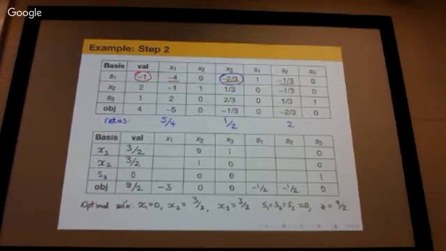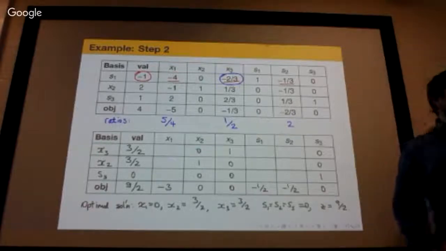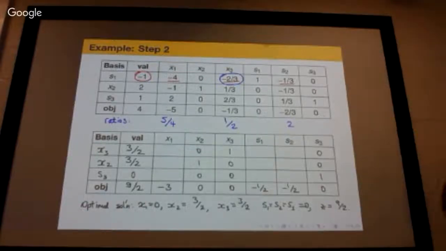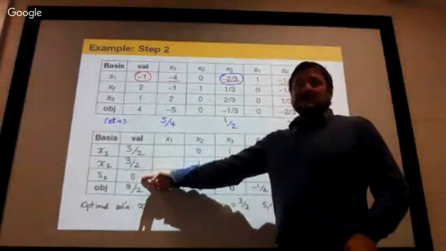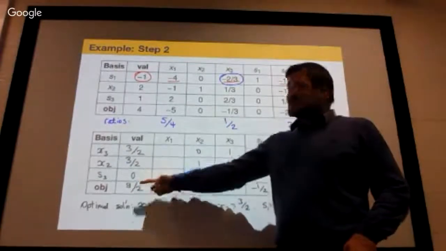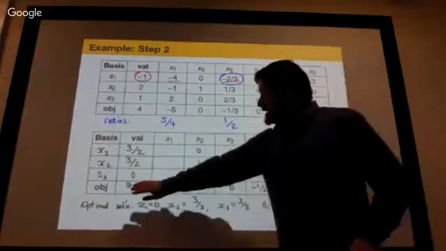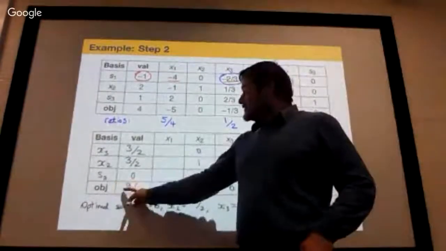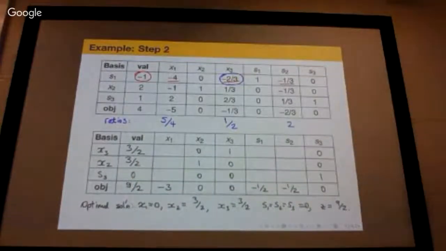Okay, so a few remarks. The first remark is, as a reminder of how we know that the tableau is the one we're looking for, the values must not be negative. And in the objective, ignoring this one, it could be negative, or whatever it wants, because that's the value of the objective, and we don't know what the optimal value of the objective is going to be.